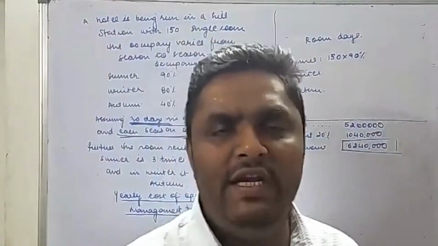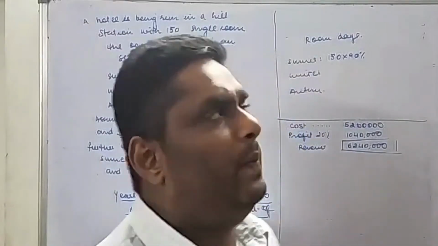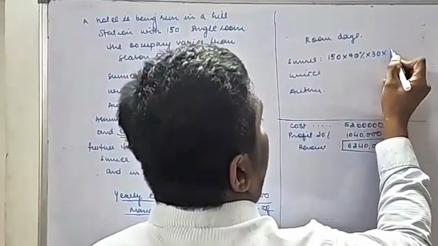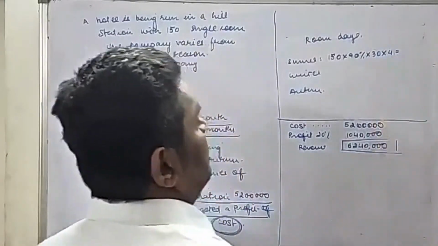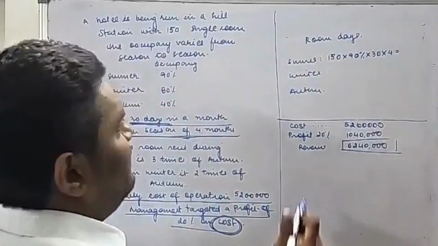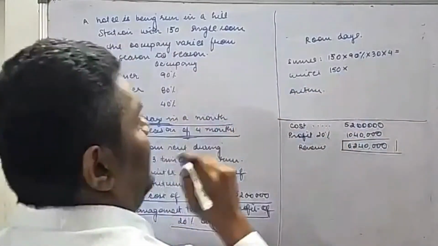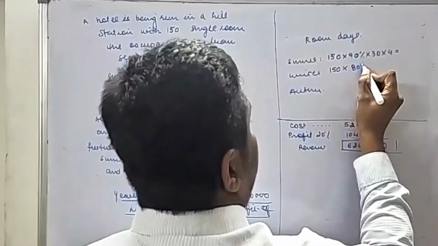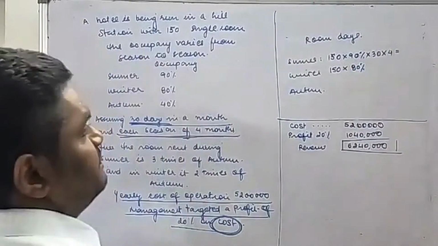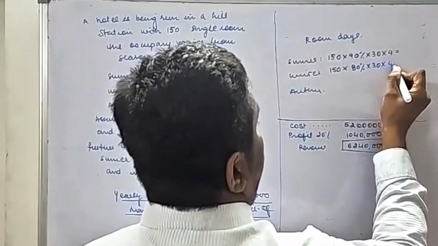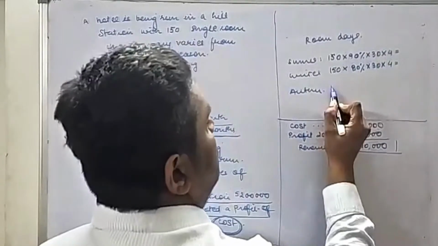It means 135 rooms are on average occupied every day, into 30 days in a month, into 4 months in a year. Similarly, for winter also 150 rooms are there and the occupancy is 80%. 30 days in a month into 4 months in a year.